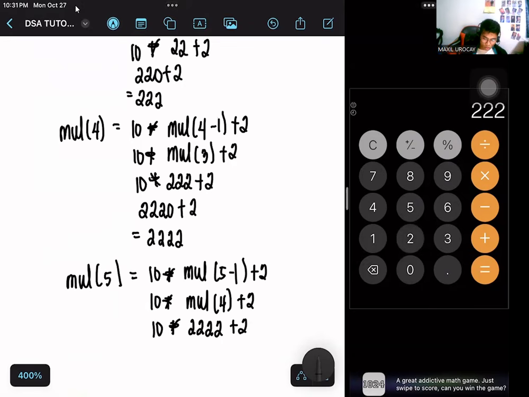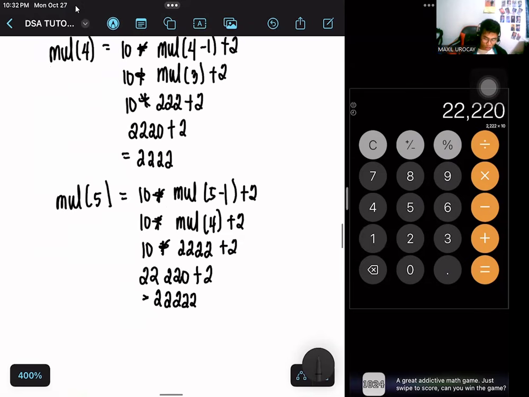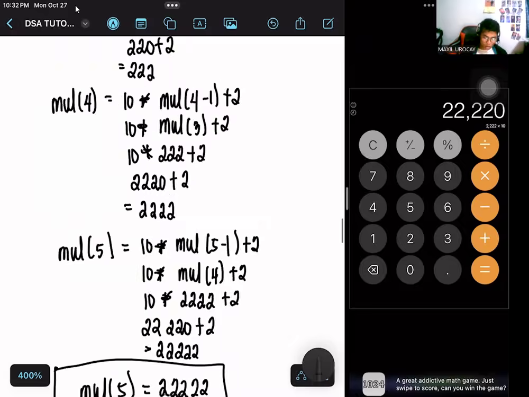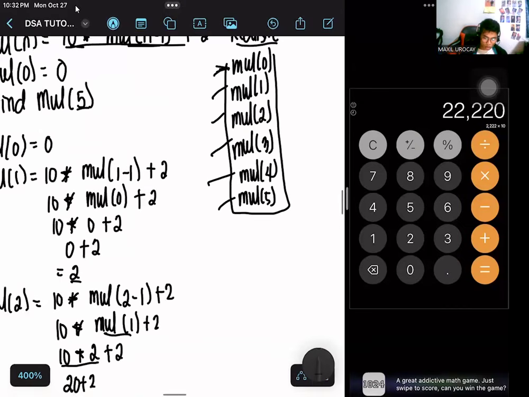The value of mul 4 is 2222, so 2222 times 10 becomes 22,220, plus 2 is 22,222. So that's how it works: your mul 5 is 22,222. This is the answer that we were trying to find.